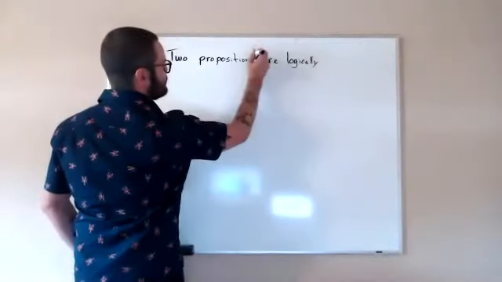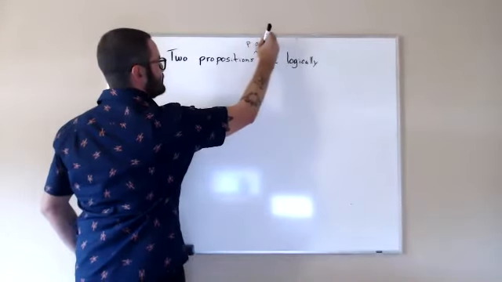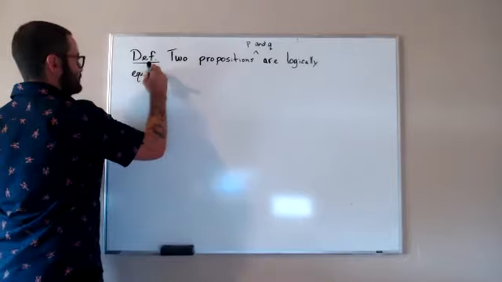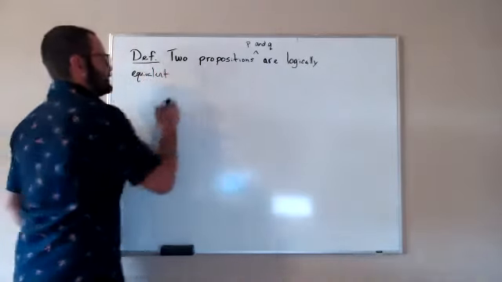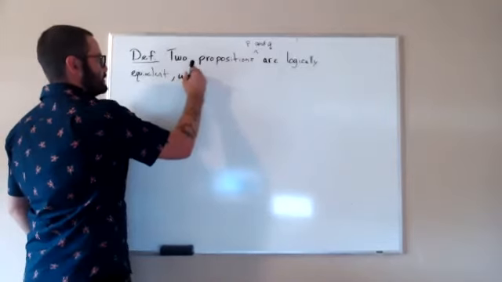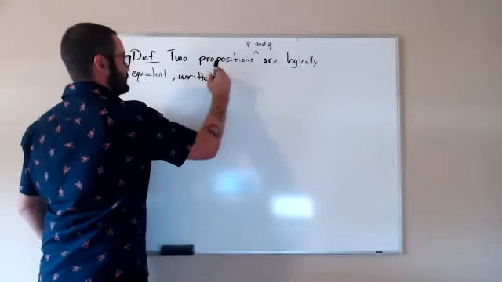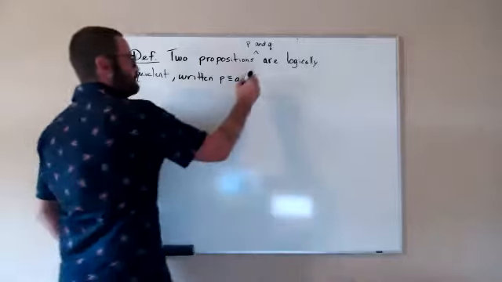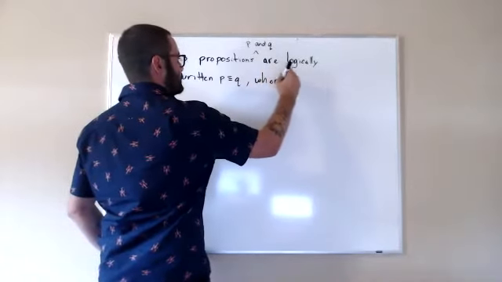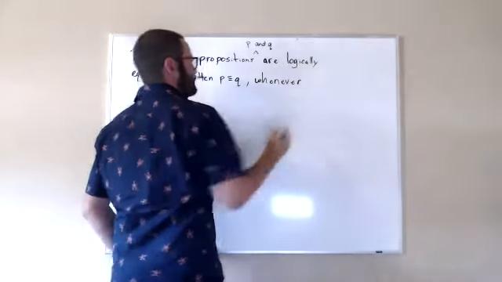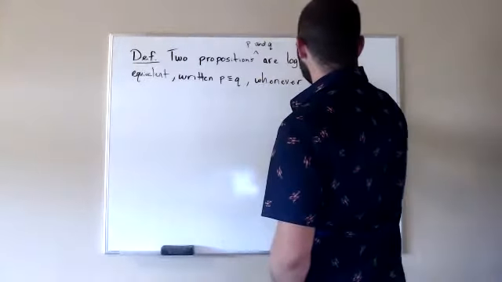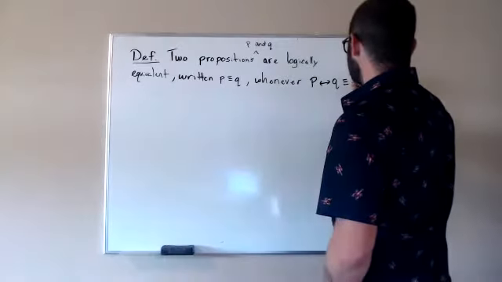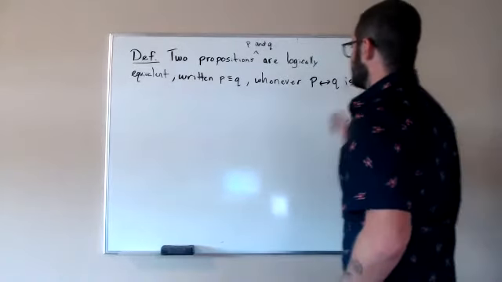So two propositions, I'll say P and Q, are logically equivalent, and this is written P triple equals sign Q, whenever P if and only if Q is always true.